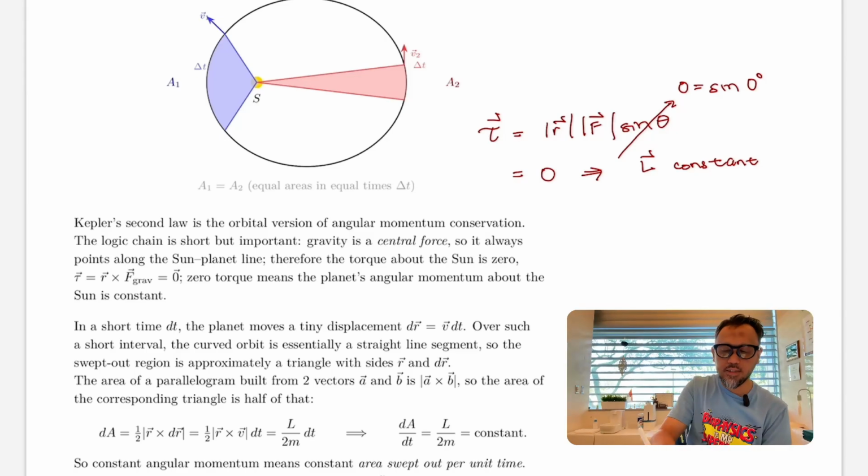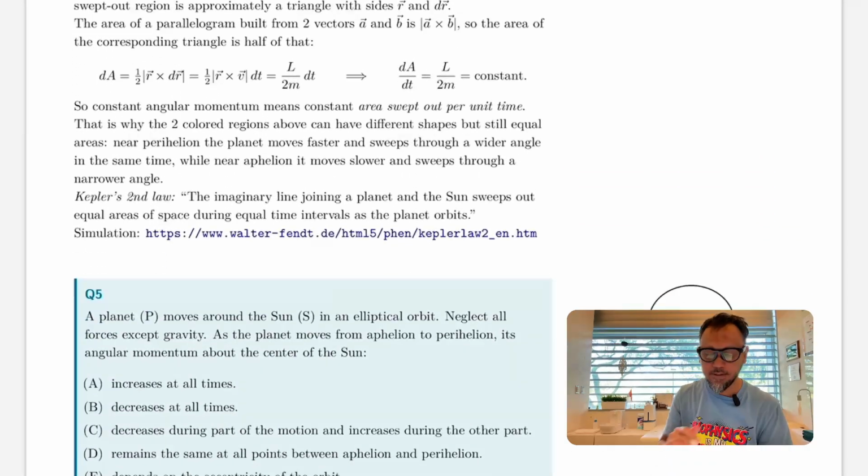So instead of using math, we use physics. We can easily show that because gravitational force is a central force, there is no torque. Because there is no torque, the angular momentum is constant. All right, so that's all that you need to know.